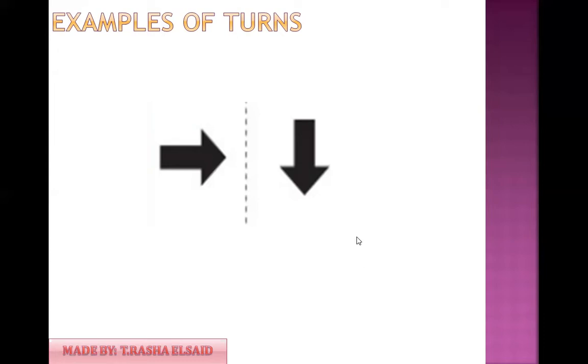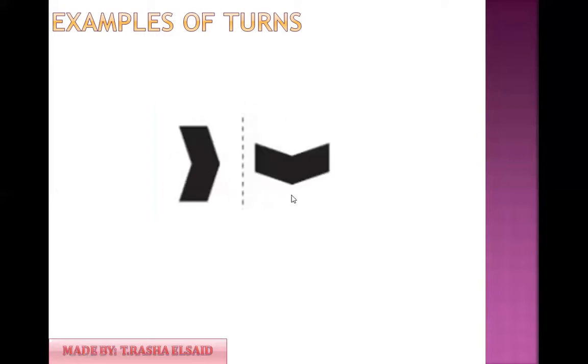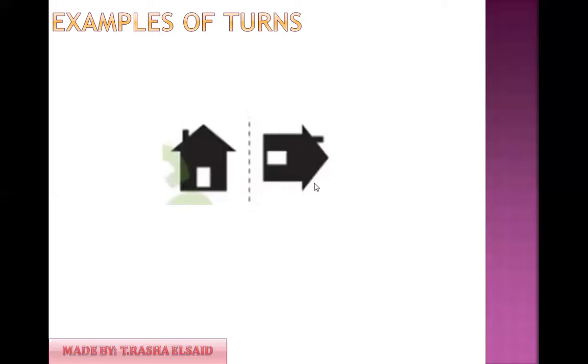Sure, I will choose turn. This is also an example of turn. This is not slide, not flip. So this is turn. Also this one, this is turn. And this one is also turn.